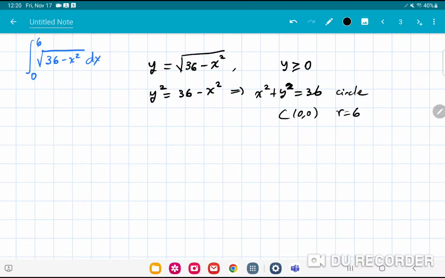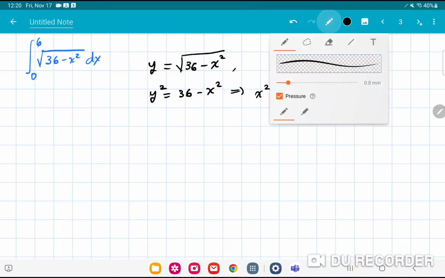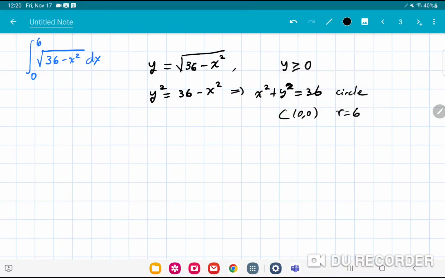So with y greater than 0, the graph of this function is a semicircle. Let me see if I can draw a semicircle above the x-axis with radius 6. Let's see, 1, 2, 3, 4, 5.